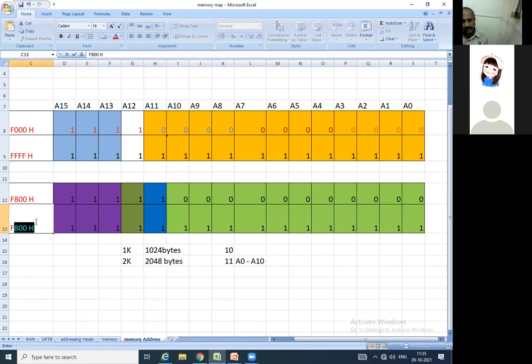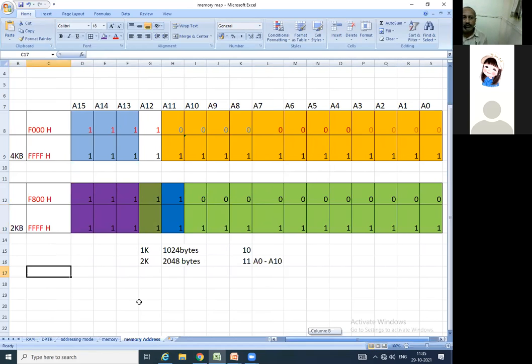So just closing eyes, FFFFH. This will be the address for this particular interfacing of the 2 KB ROM. Starting address F800 and the ending address FFFF.